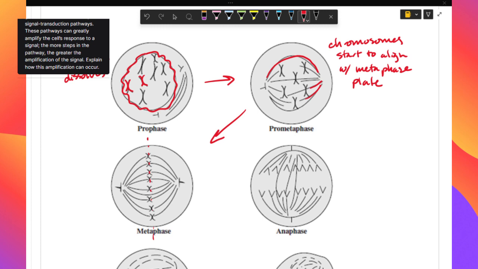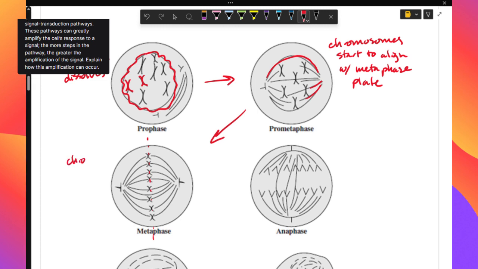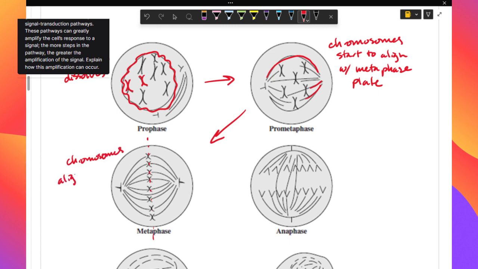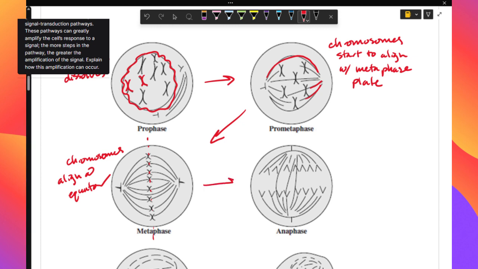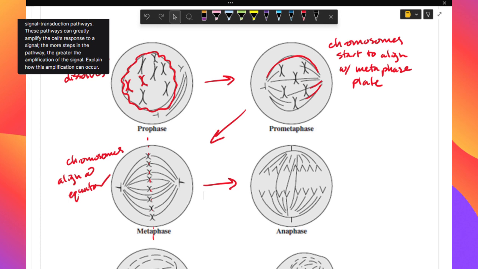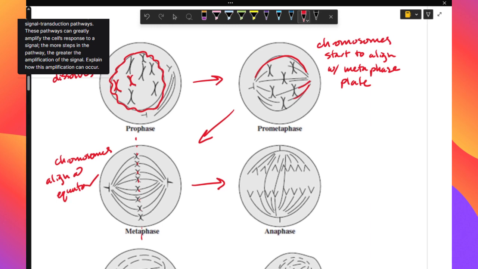So in metaphase, our chromosomes have aligned at the equator. And then anaphase is where the exciting stuff starts to happen. This is where the division becomes really apparent, right?